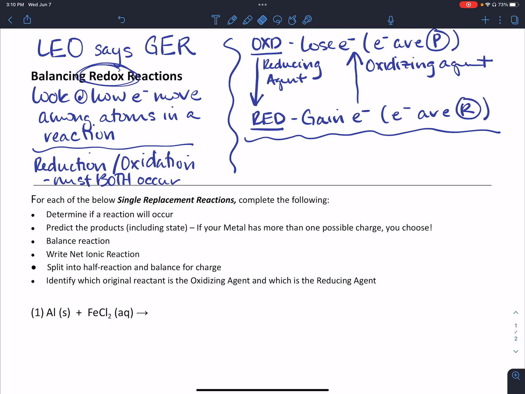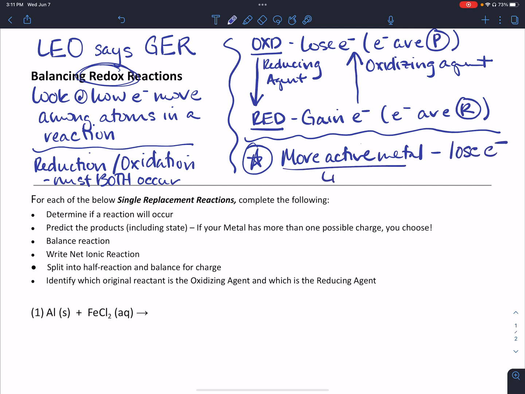Now we're going to deal specifically with single replacement reactions and looking at the half reactions that are happening there. Obviously, you can have redox reactions with any number of chemical reactions. We just don't have the time this year to deal with the double replacements, although they are really fun. One thing to keep in mind when you're trying to put together your half reactions, whether it's for a practice problem or building a galvanic cell: the more active metal tends to lose electrons, so the more active metal tends to be oxidized.